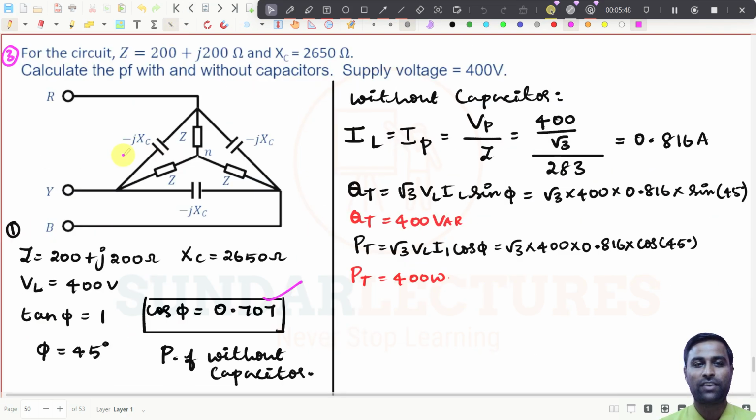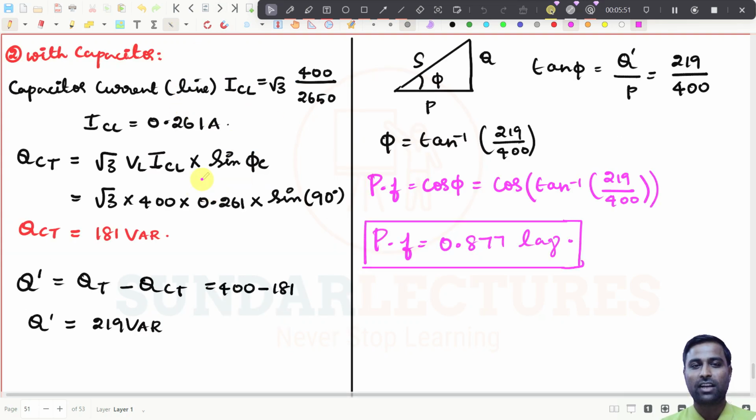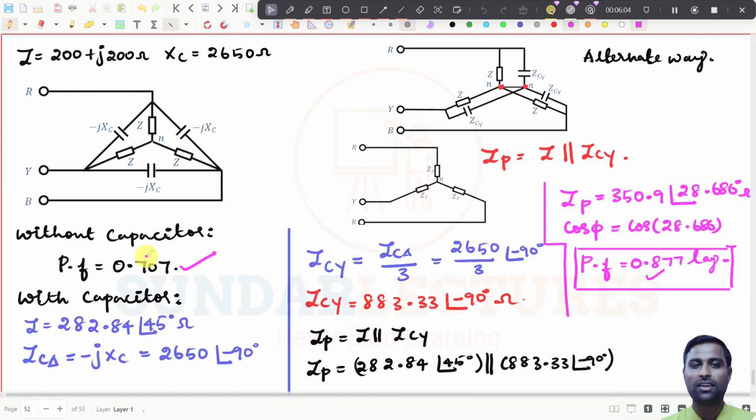See, whatever we have done, so many things here. We found the current and the capacitive reactive power with the capacitor, subtracted the capacitive reactive power from the original reactive power, and found the power factor angle. And now you see, it is very simple. Convert this delta connected impedance into an equivalent star connected capacitive impedance, and these two are now connected in parallel because of the neutral point in the star connection.